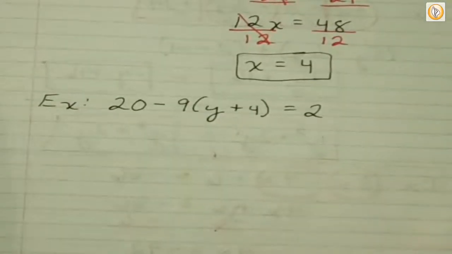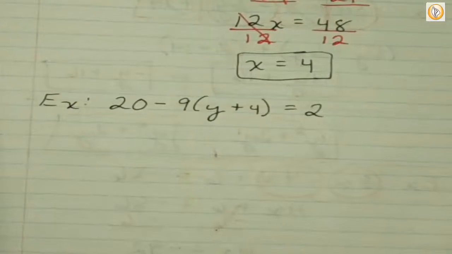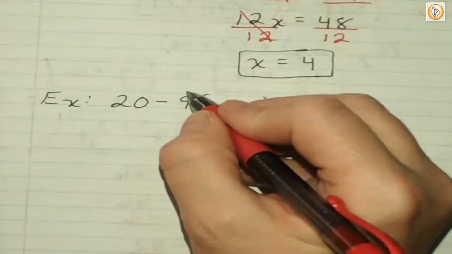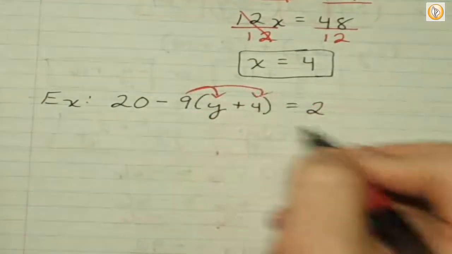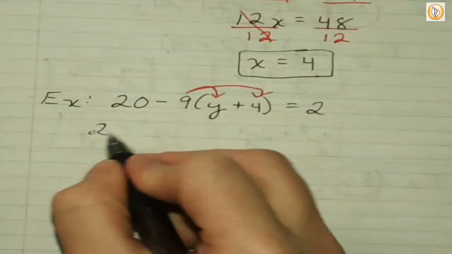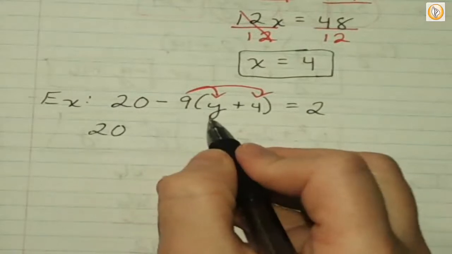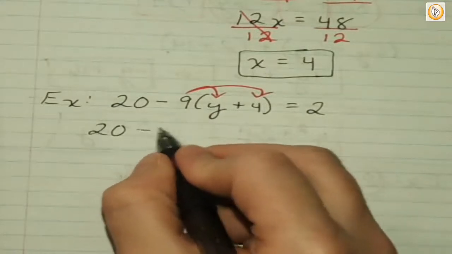Okay. Joseph, want to have this written down? Tell me what's the first thing I'm doing. That's right. Negative 9 times y and negative 9 times 4. So I have 20. What's negative 9 times y, Joseph?